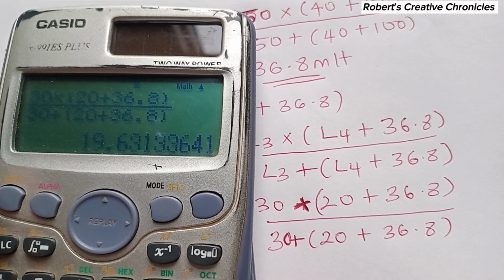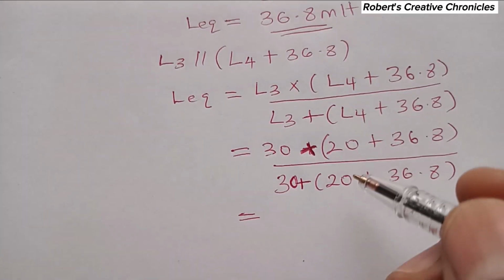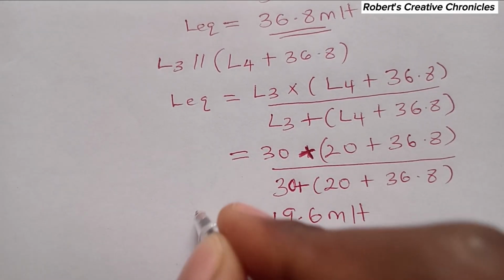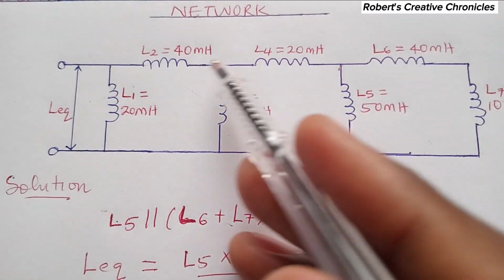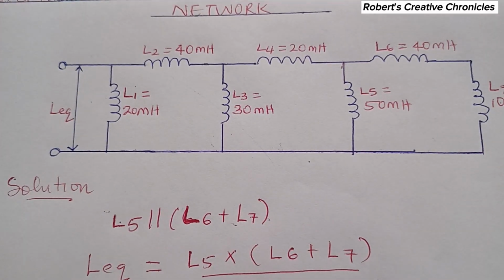So it's 19.6. So here the answer is 19.6 millihenry. So the total branch from this point to here now is 19.6.